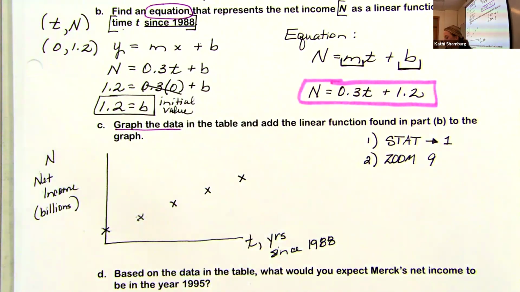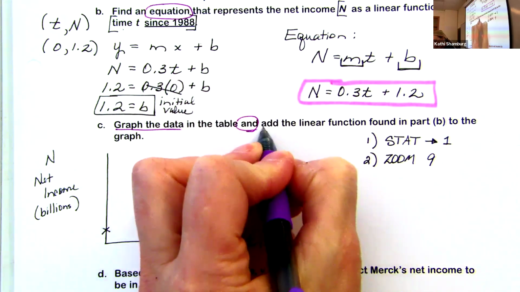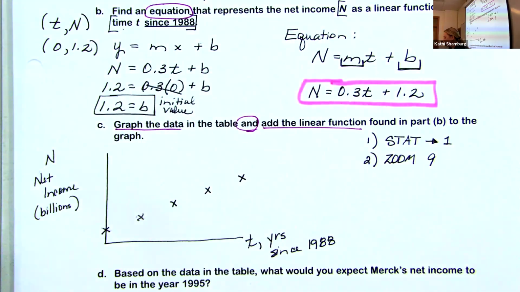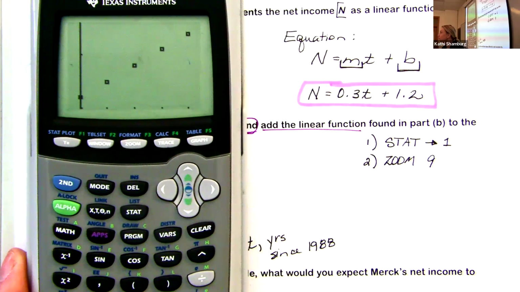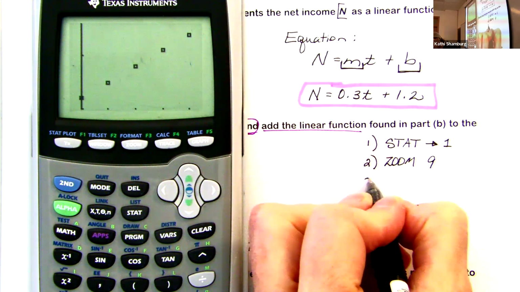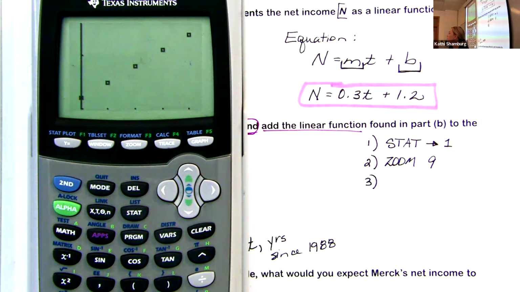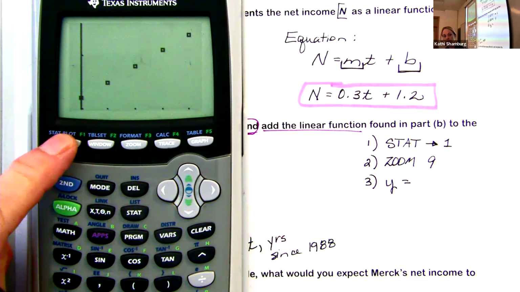All right, so we've done graph the data in the table, all right? So then it goes on to say, and add the linear function. Okay, well, that means that if I want to add a line, then I've got to put my equation in. So where are we going to go to next? Y equals, which is up here.